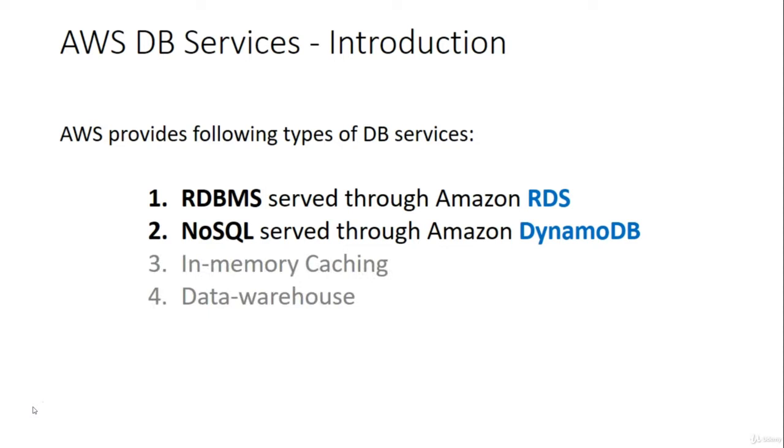And there's a third and fourth one as well. They are in-memory caching and data warehouse. But the third and fourth are not in the scope of this course, as this is an introductory course.